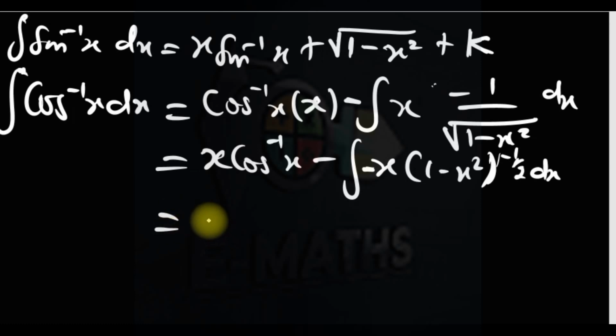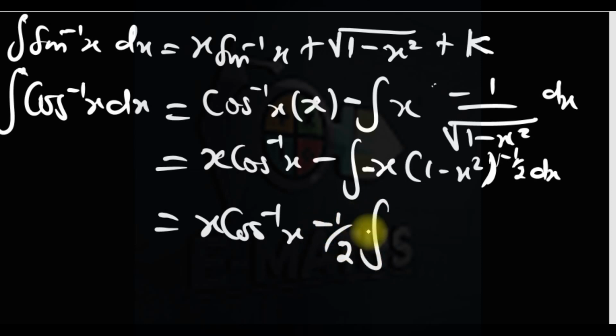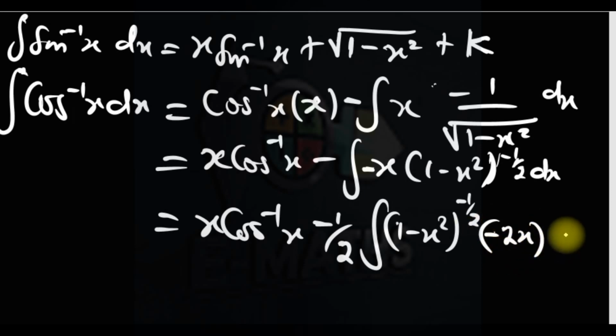So what I will do is introduce a half, that's minus half, integral of, okay, maybe let me write this first, times minus 2x dx. Do you get the 2? So we are left with minus x, so they're the same.